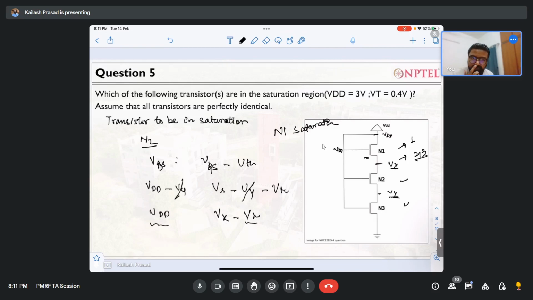Everyone, please tell me if this statement is correct or not, whatever I'm making. So from here it looks like VDD is greater than Vx minus VTH.